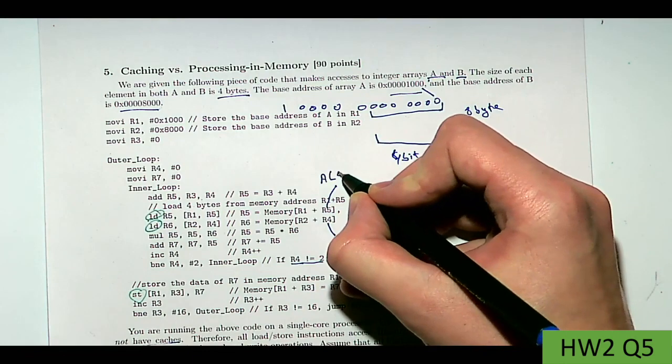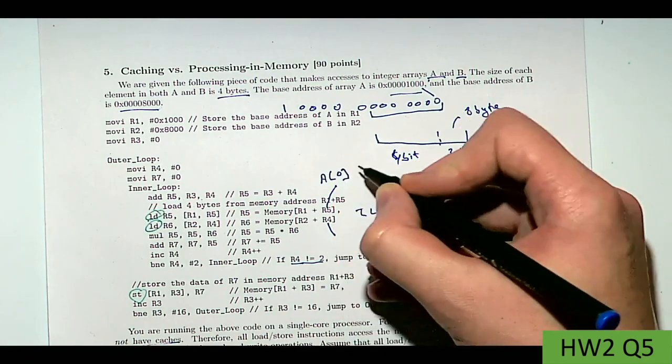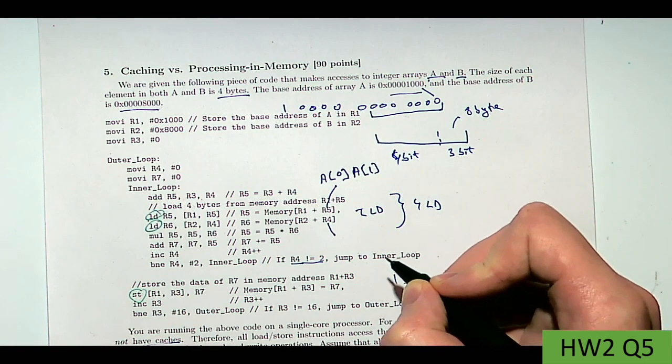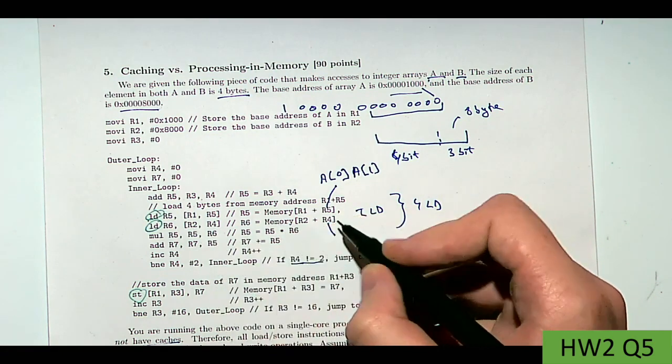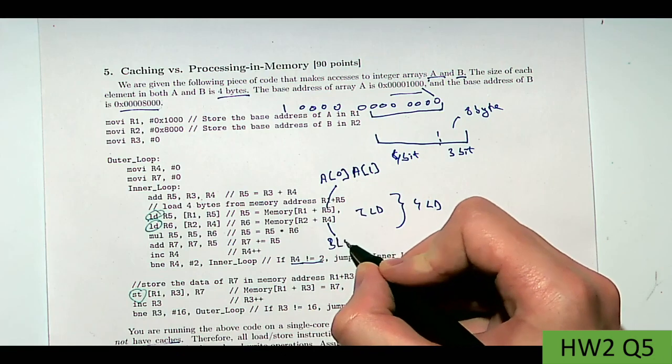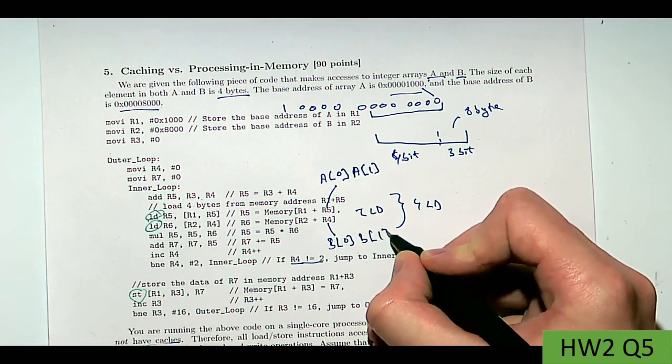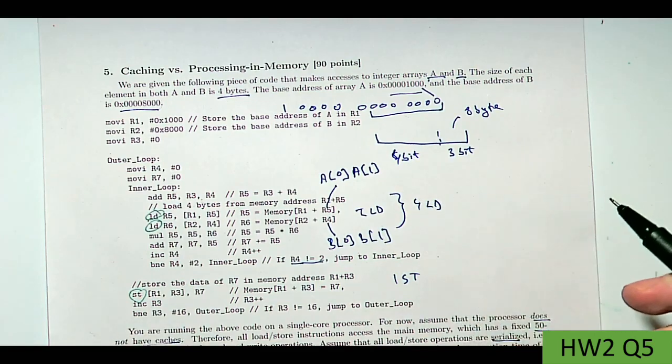And then in the next iteration of the inner loop, we'll access A1. And for B, we'll access B0, and then B1.